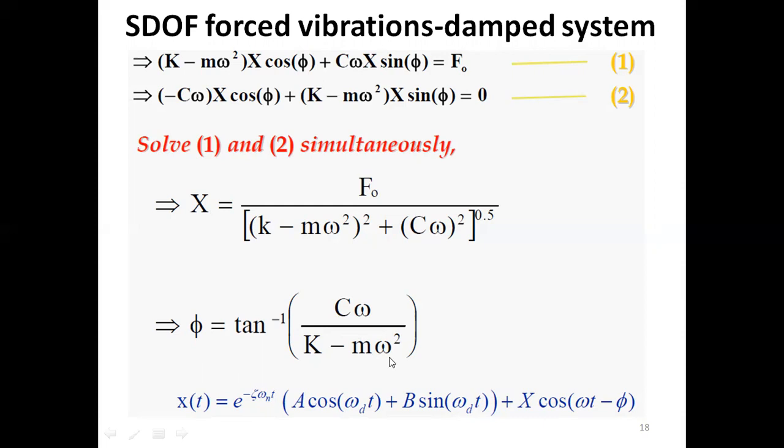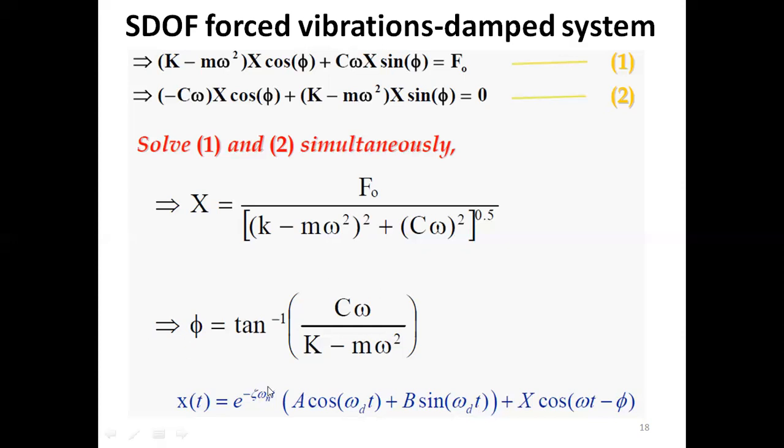So we got the mathematical model for the amplitude and for the initial phase of the steady state response. Now we further investigate whether this phi is because of stiffness, mass, or damping. It is very easy.